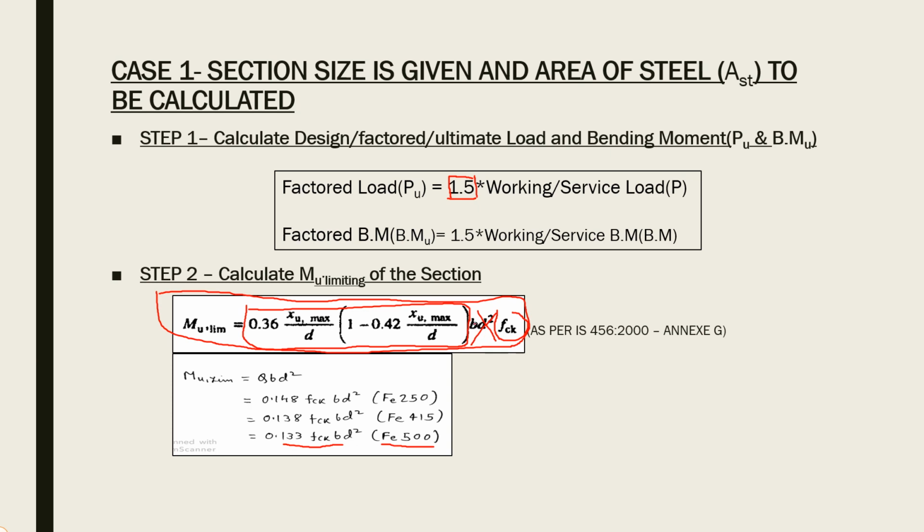If you remove bd square, then this is Q, and the Q value is 0.148 fck for Fe 250, 0.138 fck for Fe 415 and 0.133 fck for Fe 500. From this step you will get your ultimate moment carrying capacity, Mu limiting.